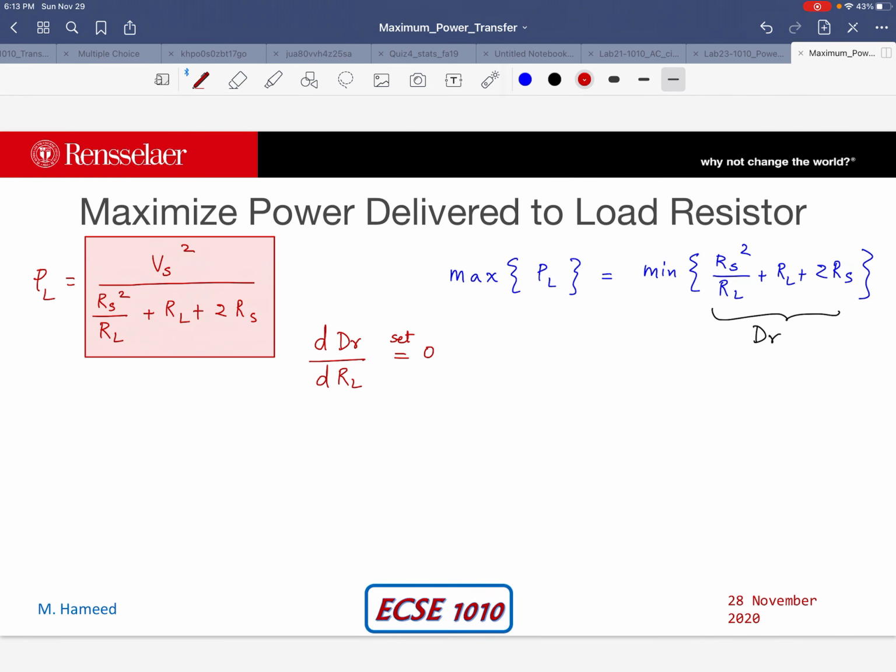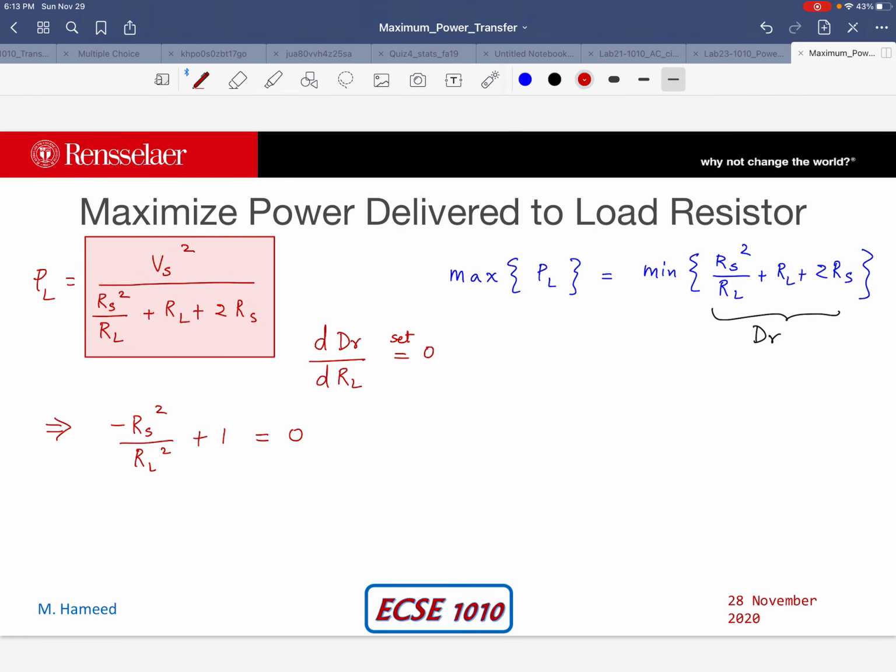So if I go through this derivative here, I'm trying to differentiate this function with respect to RL. The first term I'm going to get is negative Rs squared divided by RL squared, and then I have a plus 1 from the second term, and then 2Rs goes to 0 because it does not have an RL.